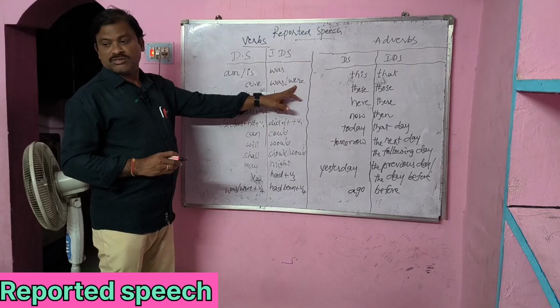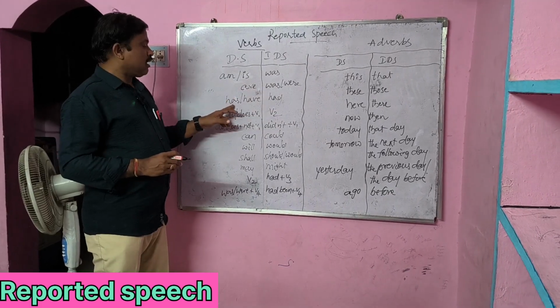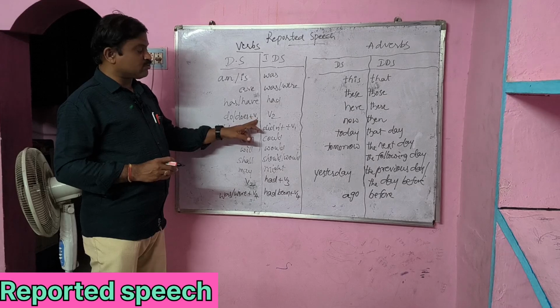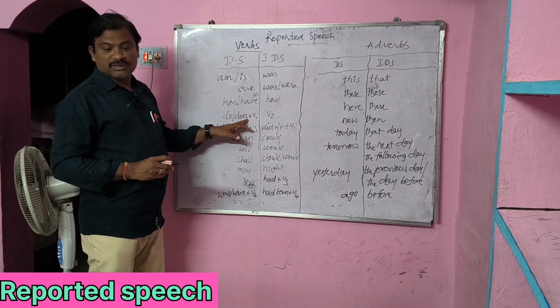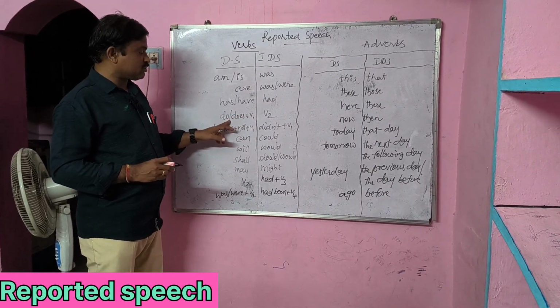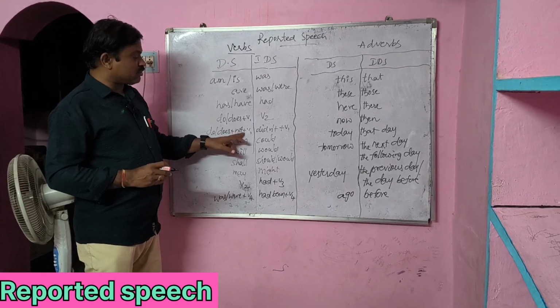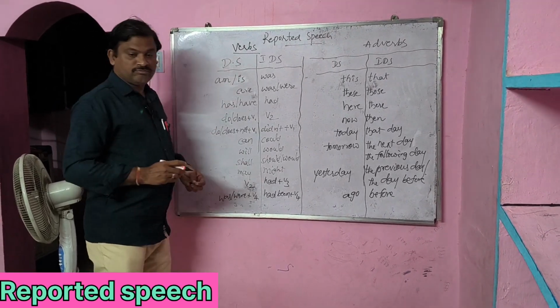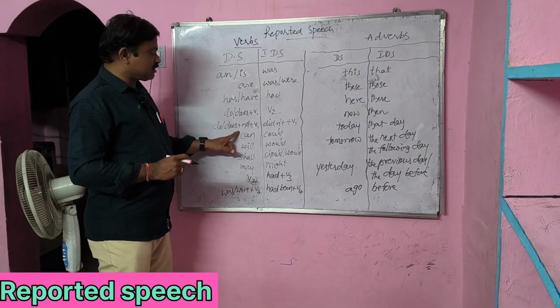If it is a plural subject, were. Has and have change to had. Do or does plus V1 indicates the simple present tense, positive sentence. And do or does plus not plus V1 indicates the simple present tense, negative sentence.